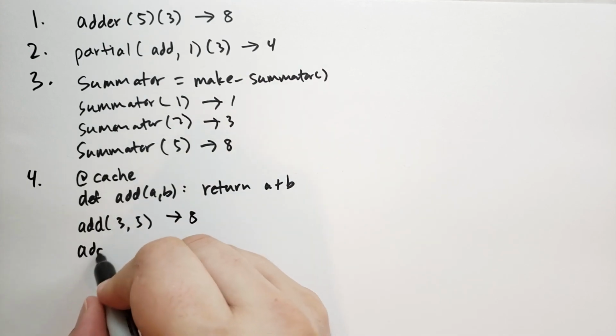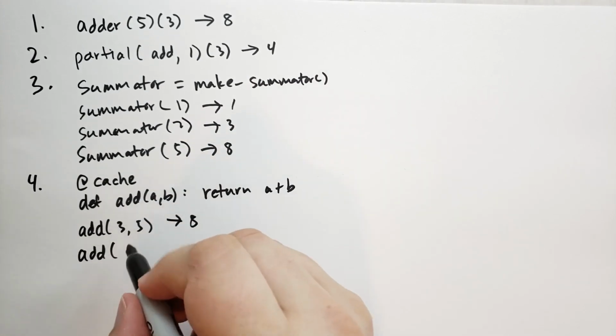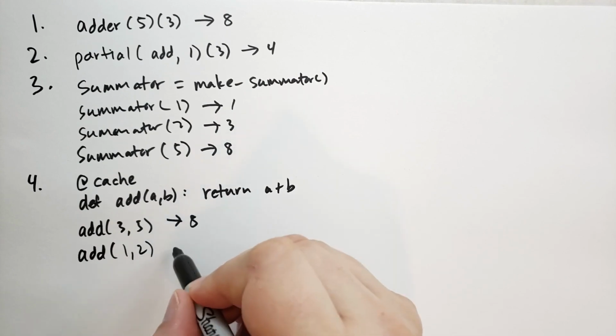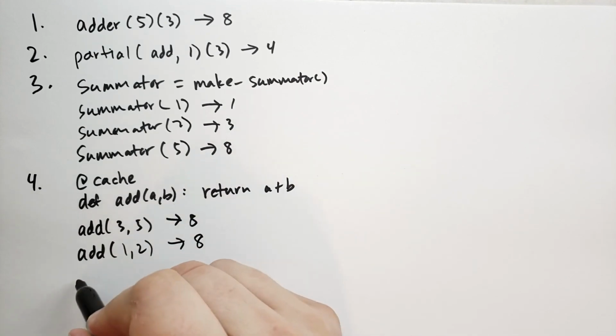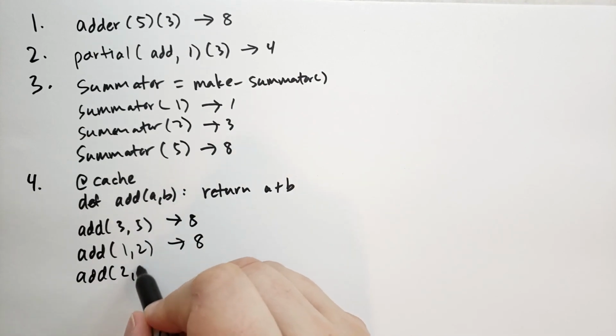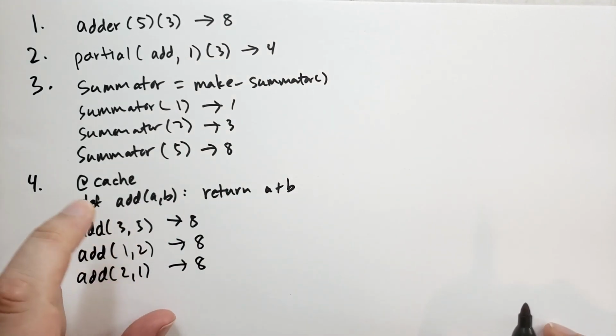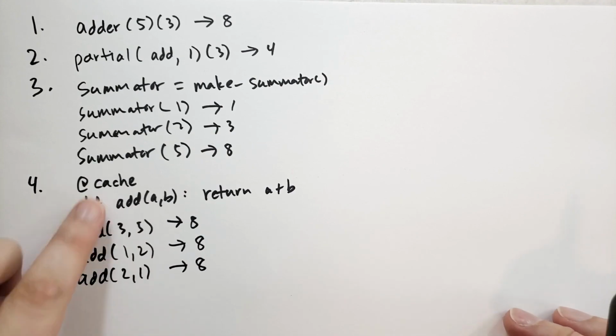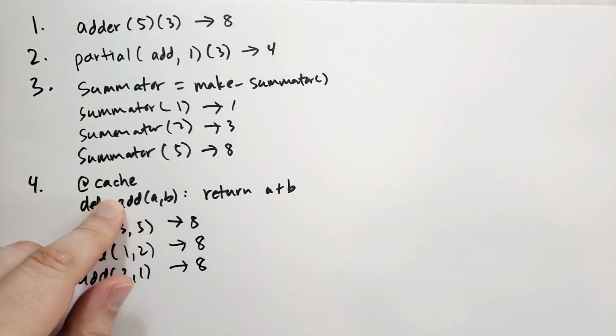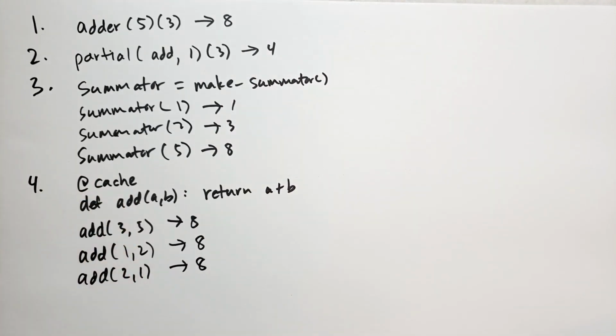And then if you call add again, it does not actually call this function. It just remembers the previous result. So if you call add with 1 and 2, it's going to give you 8. If you call it with add 2 and 1, it's going to give you 8. Okay. This will be an interesting function to write. This is actually the precursor to another decorator we typically use to cache results. Like we want to, instead of calling the function, we do something else, which is looking up the result of the function in a table or something like that.